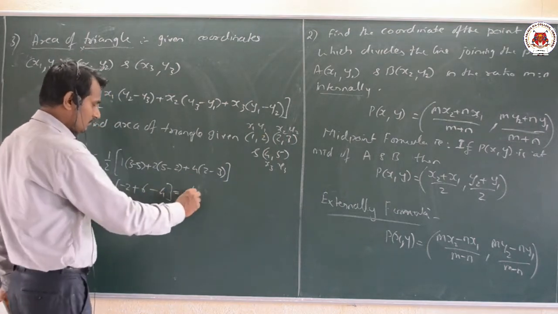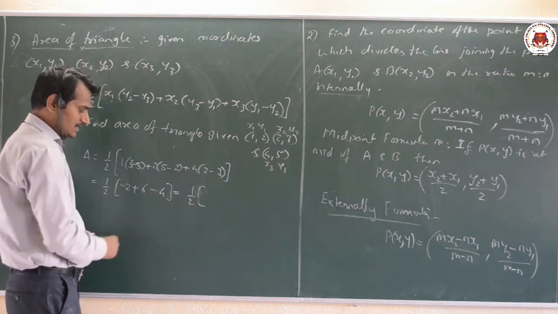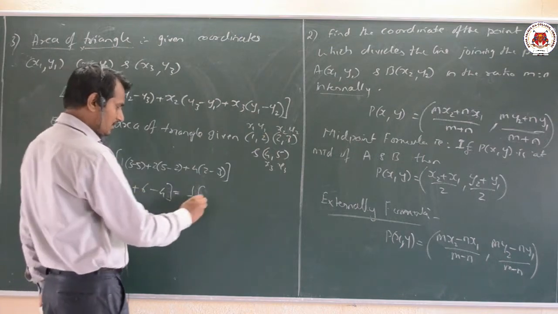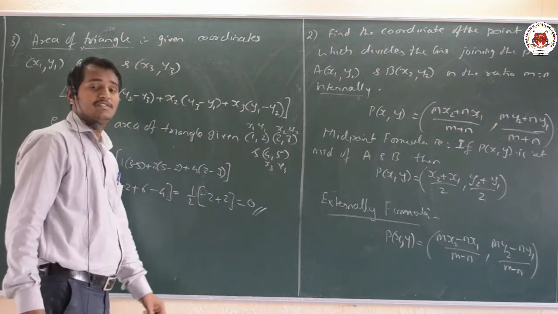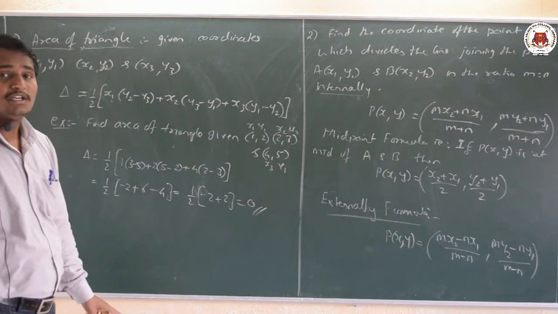Now here, dear students, 1 by 2 into minus 2 plus 6 minus 4, that is 1 by 2 into 0, the value will be 0. That means the area of the triangle is 0. What do you mean by this value?